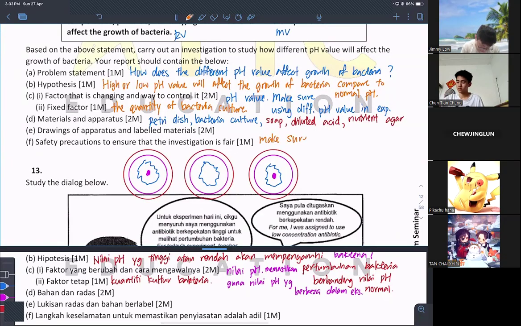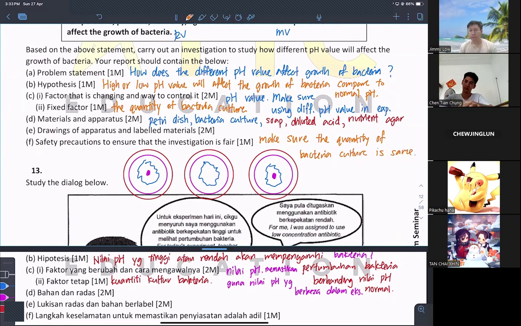Make sure the quantity of bacteria culture is the same. Memastikan isi padu or memastikan kuantiti bacteria culture adalah sama. Okay, so if you don't use quantity, you can use volume.